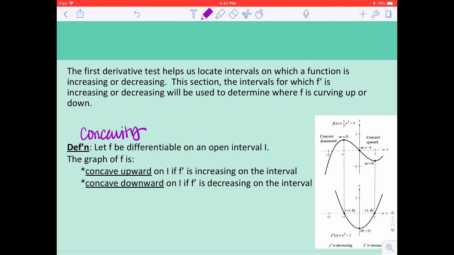And here's an example to the right, this graph here, where we have our function 1/3 x cubed minus x, where we have concave up, and then it's going concave down. Oh, up, sorry, I said the wrong thing again. And then based on our derivative, we can find those intervals.